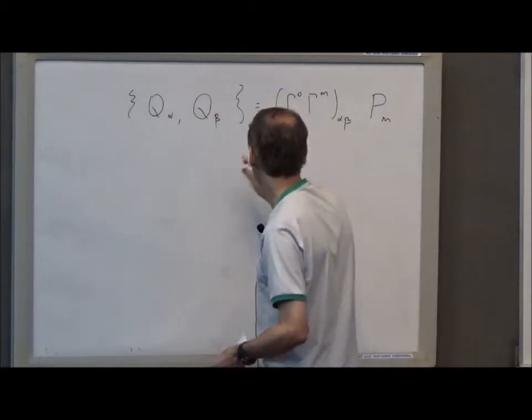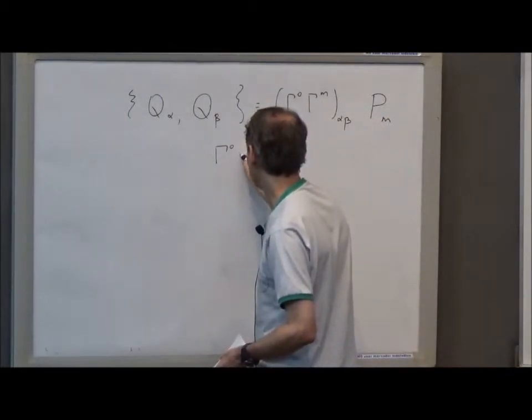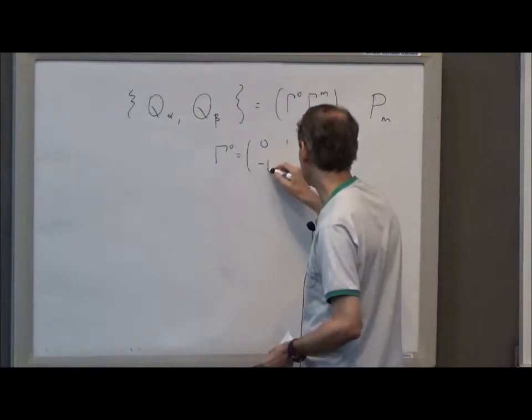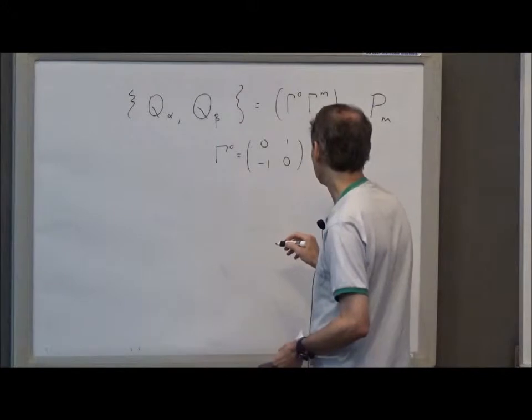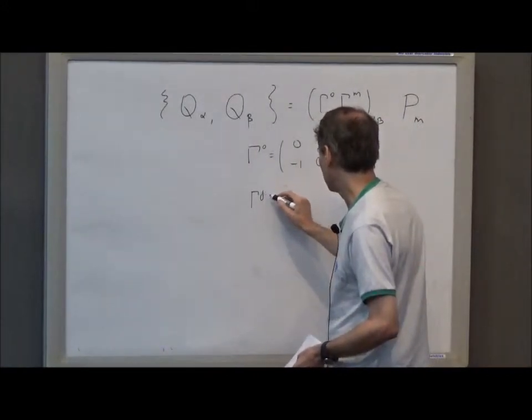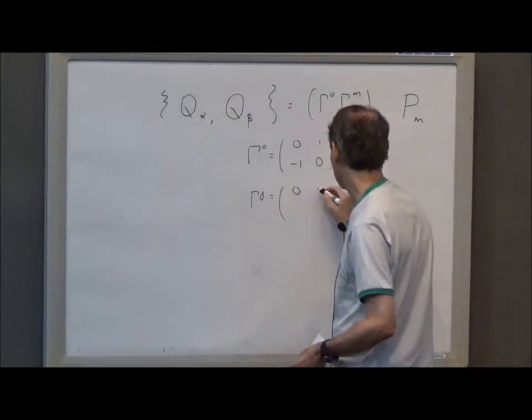So these gamma matrices, just to remind you, gamma 0 is, choosing a basis, 0, 1, minus 1, 0. And the other ones will be with these Pauli matrices.